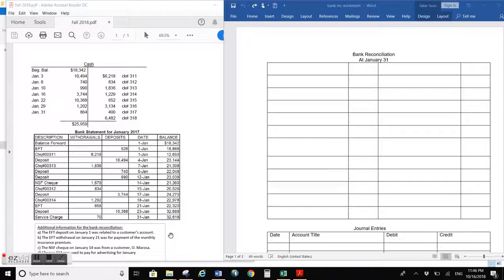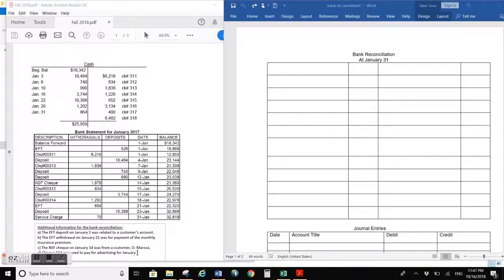It will tell you why things have happened in the bank, like these EFT deposits and EFT withdrawals, things that you would research at work to figure out why money was deducted from or put into your bank account.